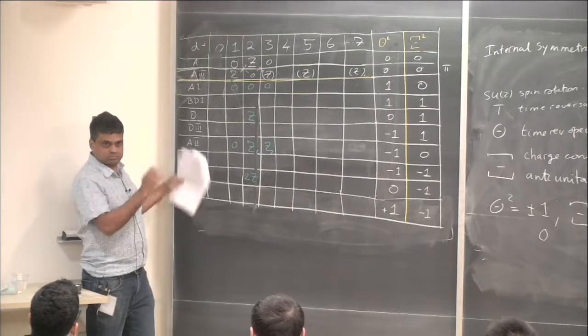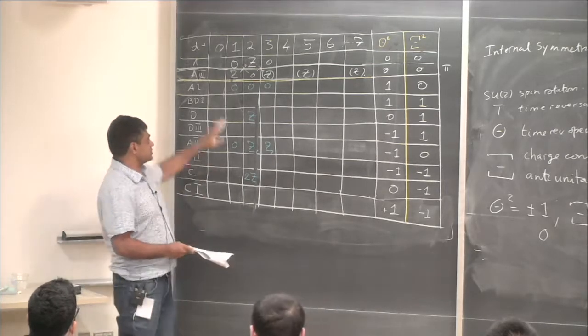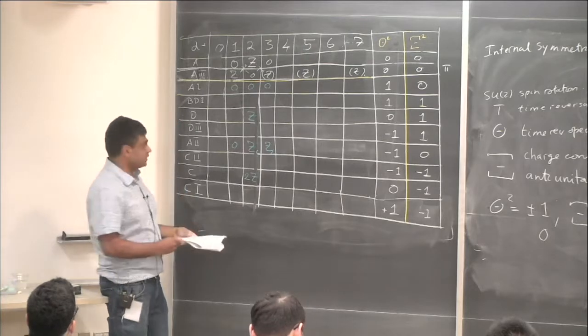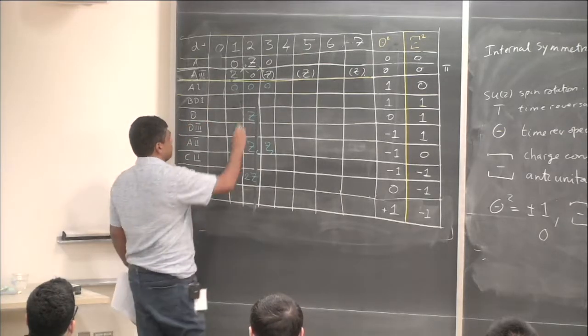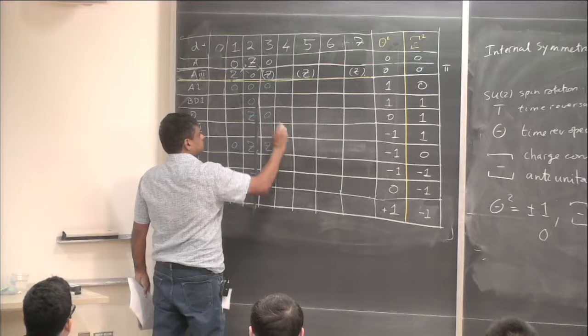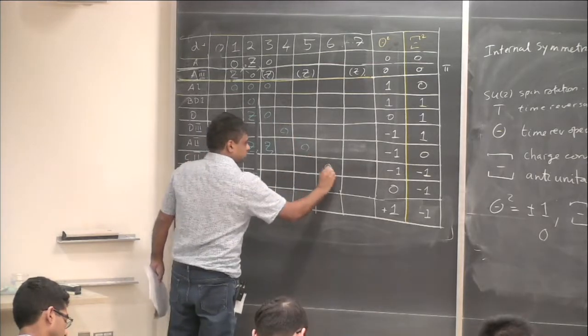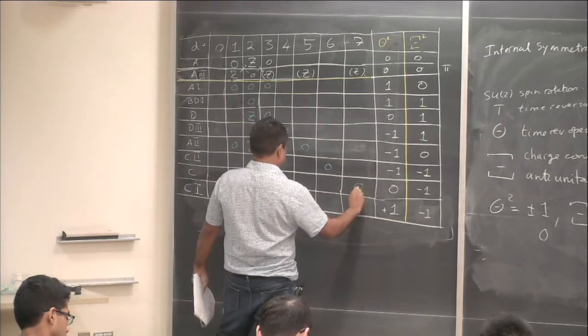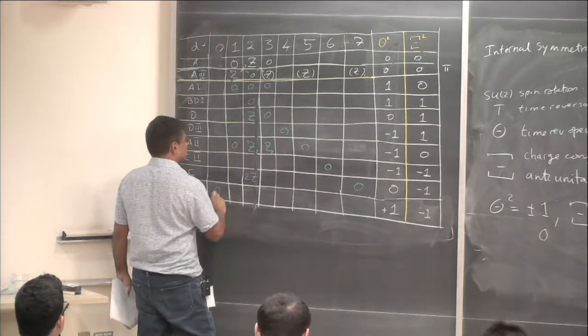Okay, so let's do this, and from this, let's fill out this table. So we have these zeros, so they're going to propagate. So that collides and that comes out here, right?